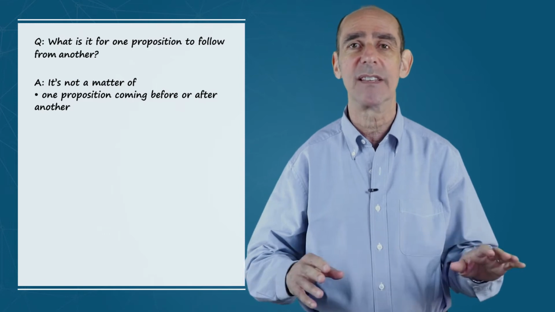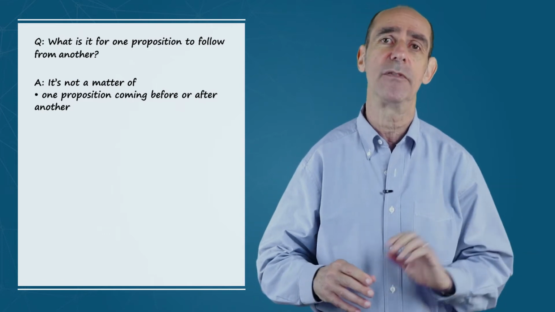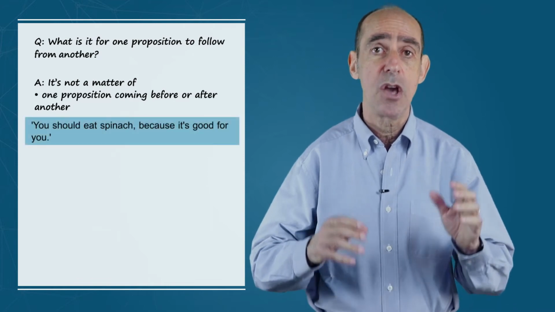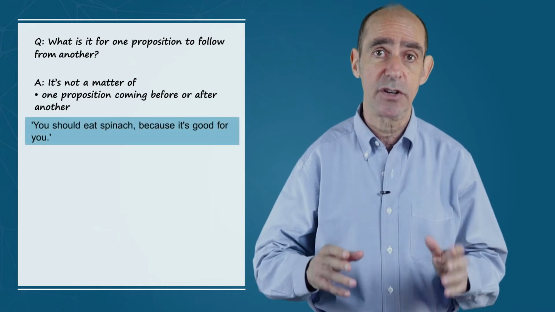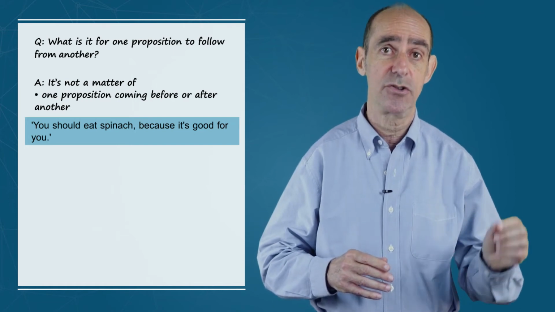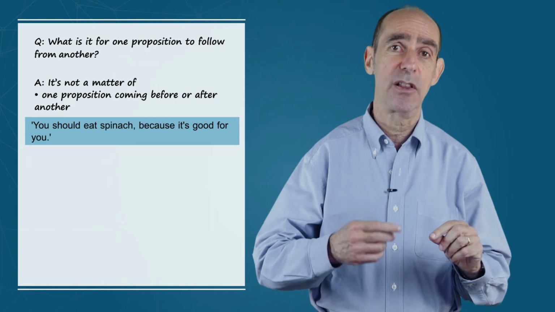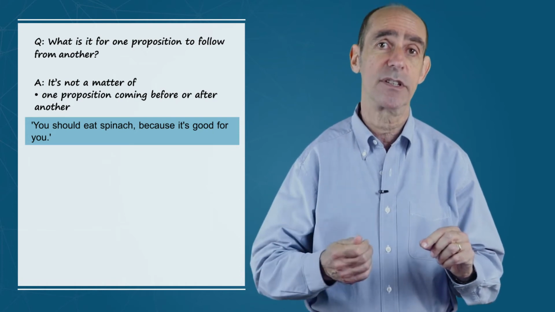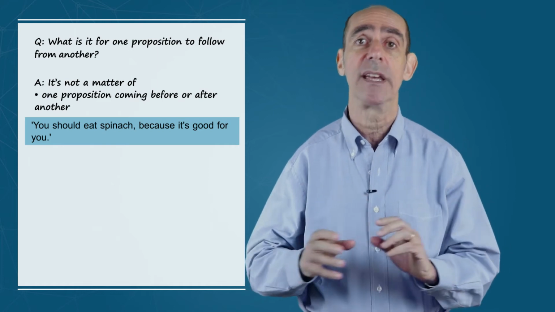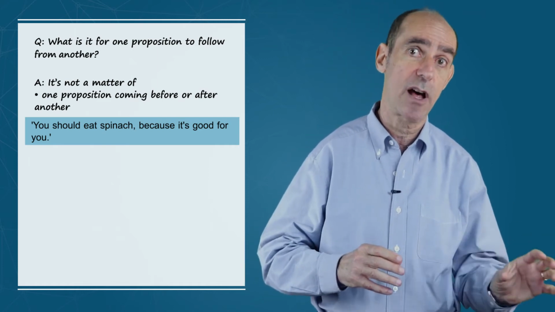But that wouldn't mean that the second proposition follows from the first one. For instance, I might say, you should eat spinach because it's good for you. Here it's the proposition I assert first, that you should eat spinach, that's supposed to follow from the second proposition that I assert. So following in time is not the way one proposition follows from another.